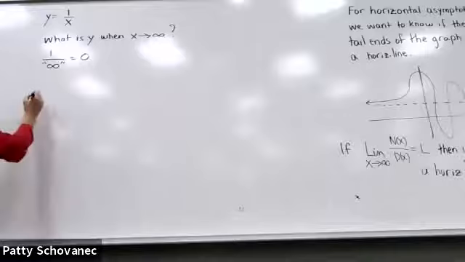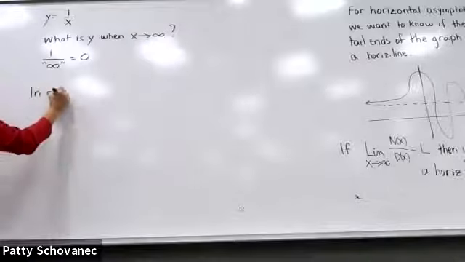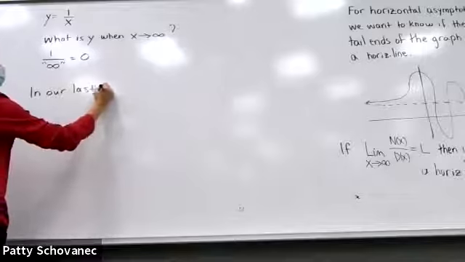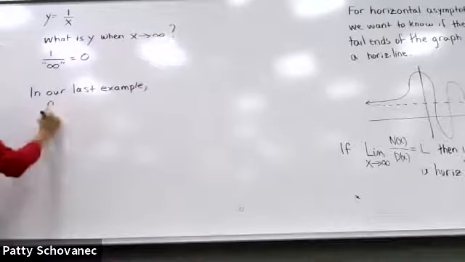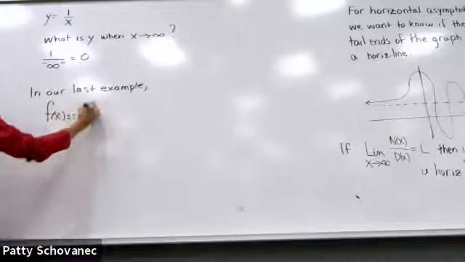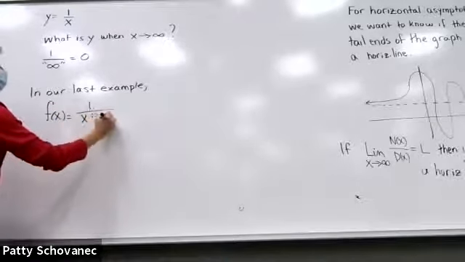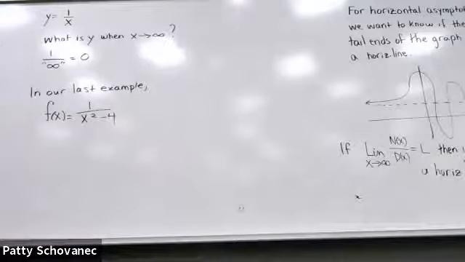The function that we just had, f of x is 1 over x squared minus 4. Now imagine the y values when x gets bigger and bigger and bigger.